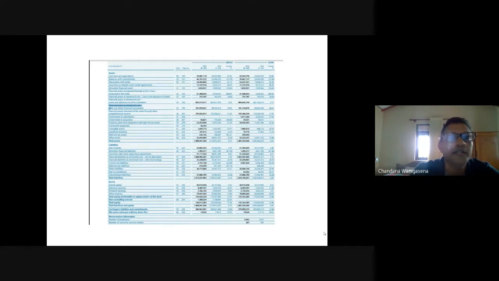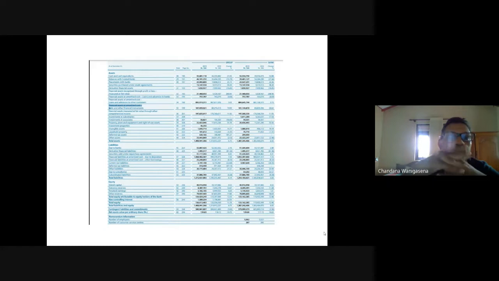Derivative financial assets, financial assets at fair value through profit and loss. Then comes loans and advances, right? Financial assets at amortized cost. On top, we usually have the assets which have the highest level of liquidity, right?